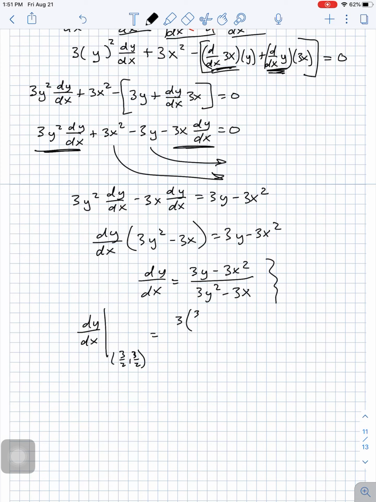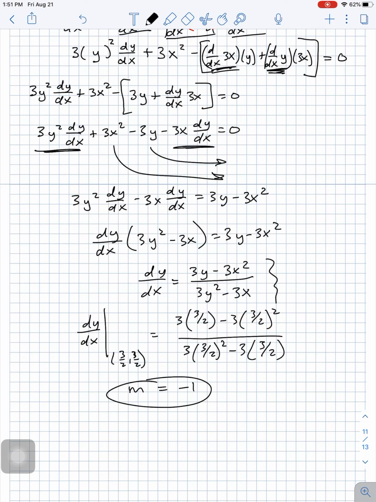Okay, so this looks like 3/2, 3/2 squared, 3/2 squared, and 3/2. Okay, now if you do all that out, it's a big mess on your calculator. You get -1.